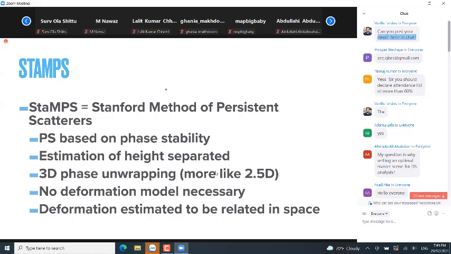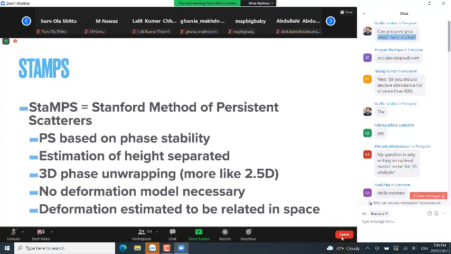So it is estimated that from one pixel to its neighbor, because we are unwrapping it also in space, the deformation is not changing too rapidly, right? So that it is slowly changing in space, so that we have a relation of the deformation in space. And in that way, we can then process without having any kind of deformation model.